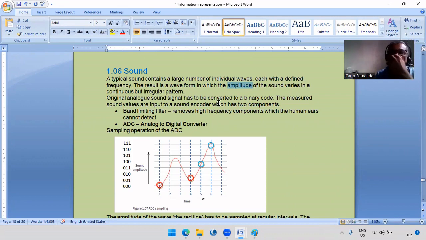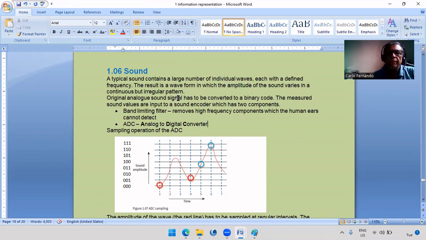Original analog sound. When we talk, the sound is not analog, it's a sound wave. But when we capture it through a mic, a signal is generated by the mic, which can be either amplified and played over the loudspeakers, or recorded, captured on the hard disk for sampling later.